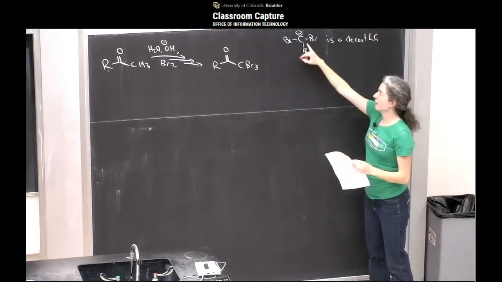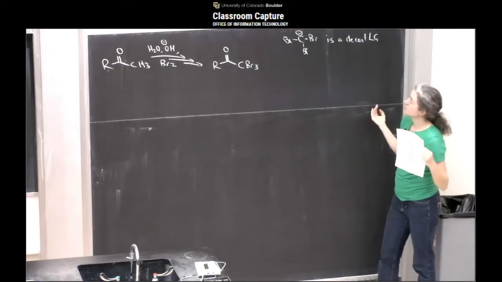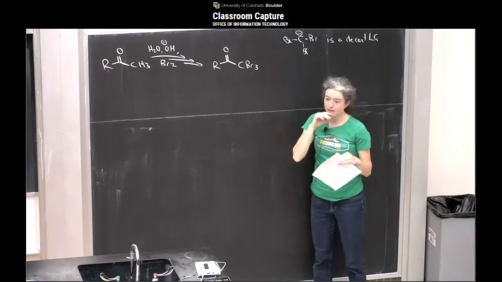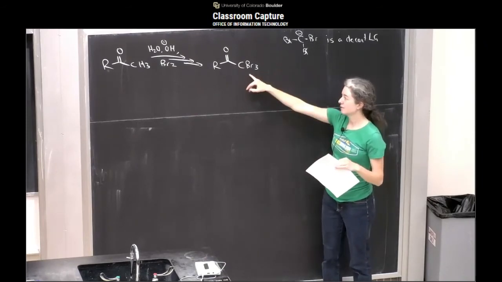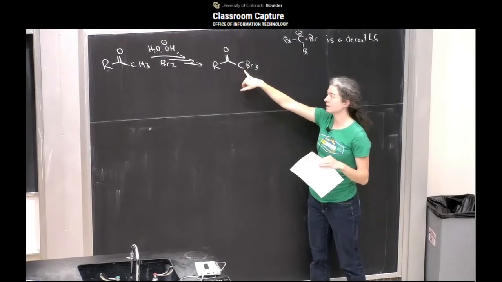It's got 3 halogens on there that all help to stabilize the negative charge. So it's a decent leaving group, which means we just turn this into something that's going to act kind of like an acid derivative, in terms of you've got a carbonyl attached to something that can leave relatively easily.